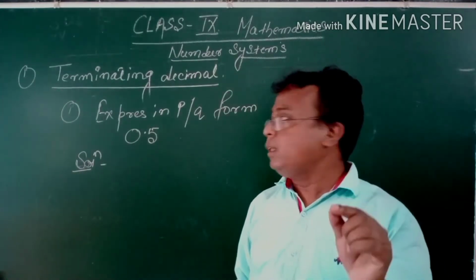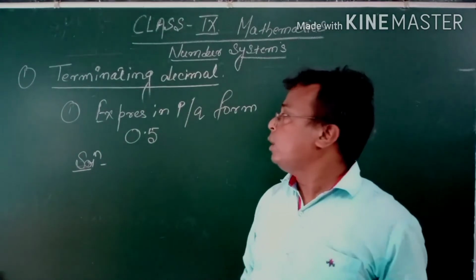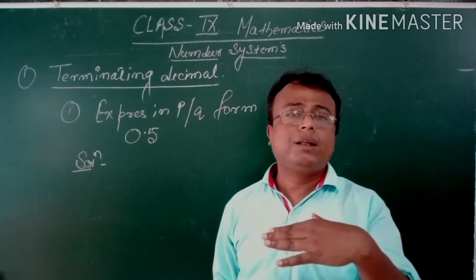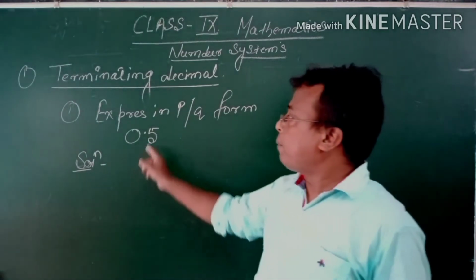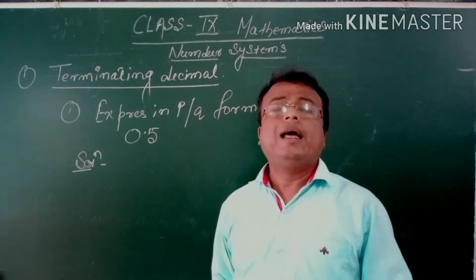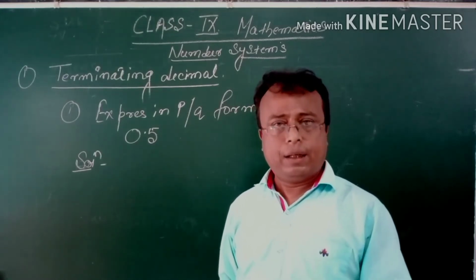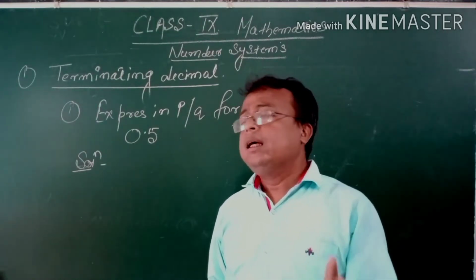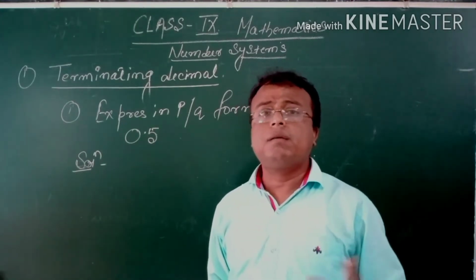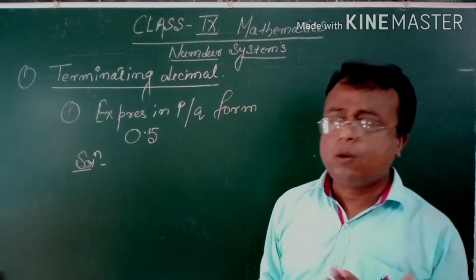So if one digit is there, then you have to remove the decimal and divide that number by 10. Alright? If after the decimal 2 digits are there, remove the decimal and divide that number by 100. If after the decimal 3 digits are there, remove the decimal and divide the number by 1000. Like this you have to go.